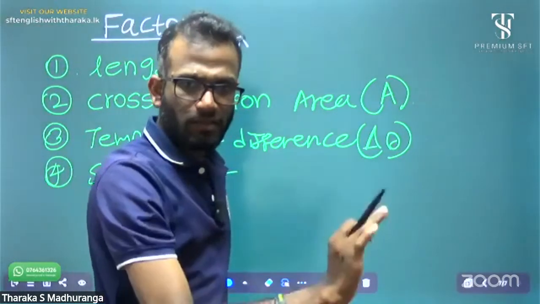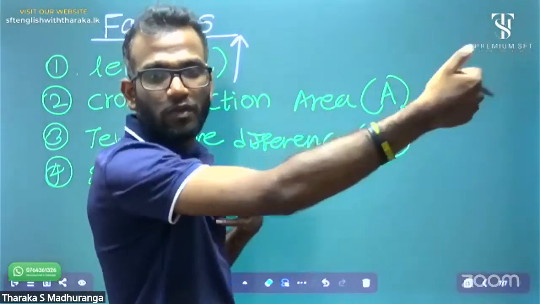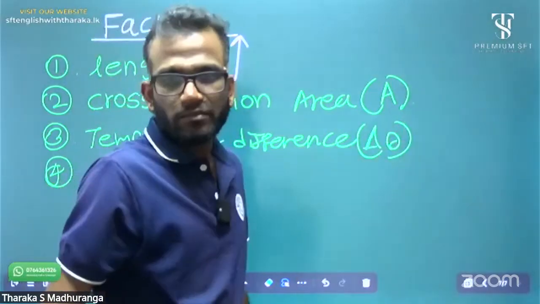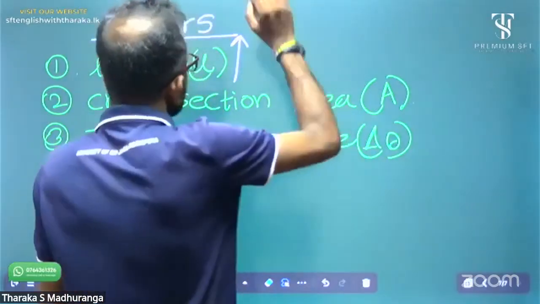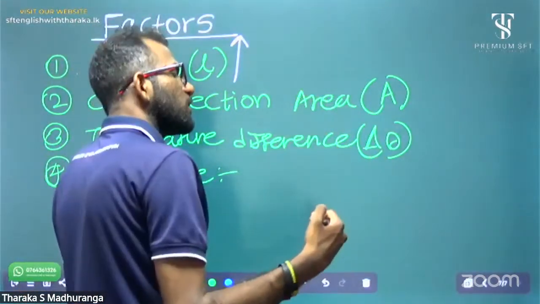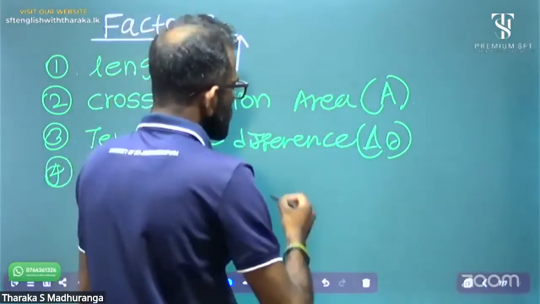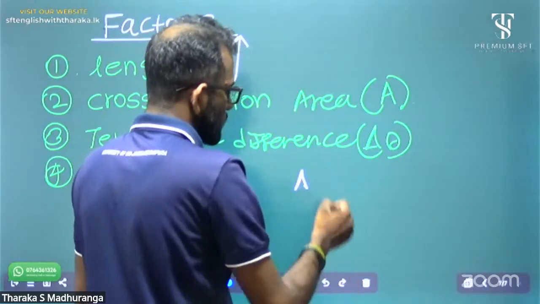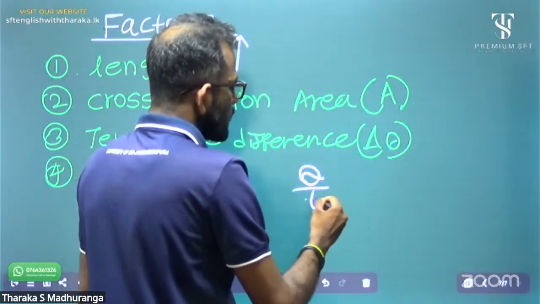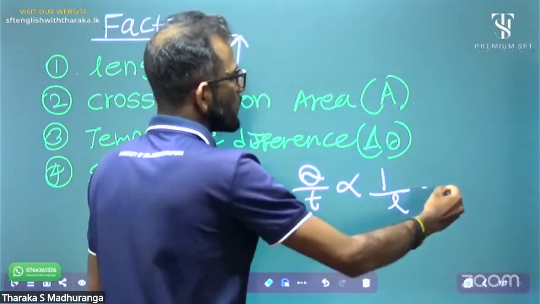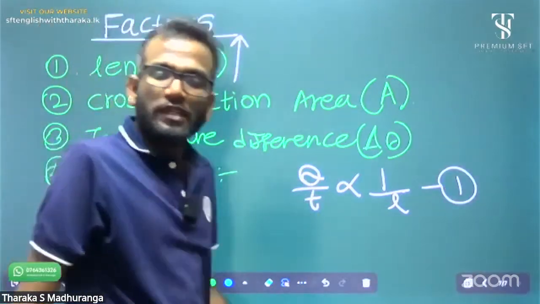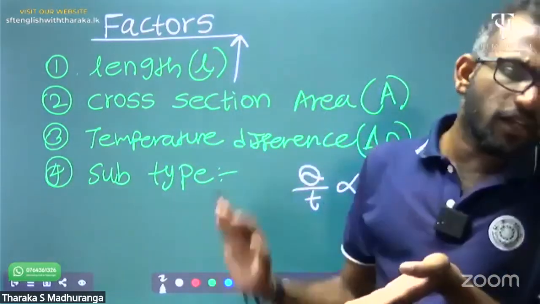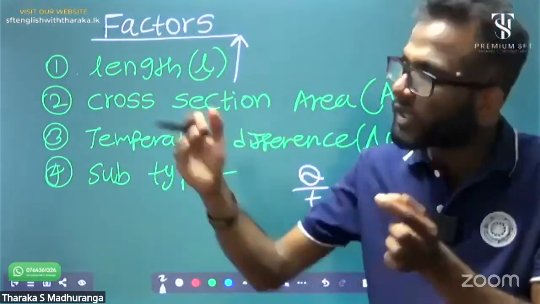It decreases, because it is a longer path and there is more disturbance. Therefore, when the length increases, the thermal conduction rate decreases. So Q over T is inversely proportional to L. This is my first equation, because it is inversely proportional.